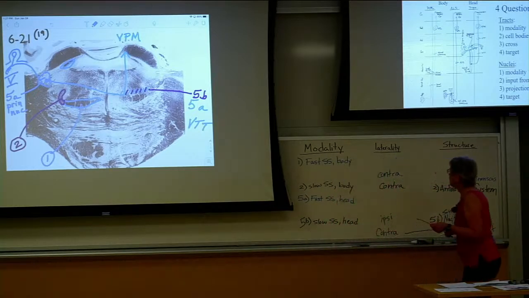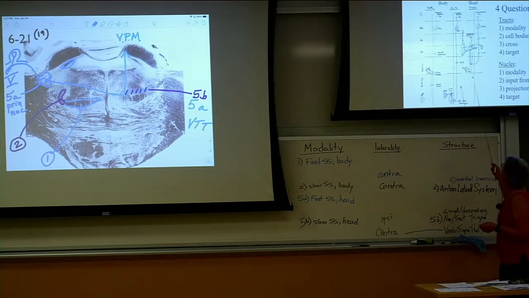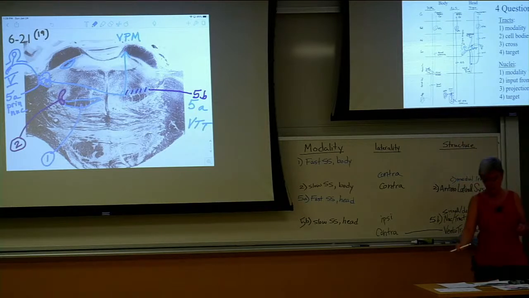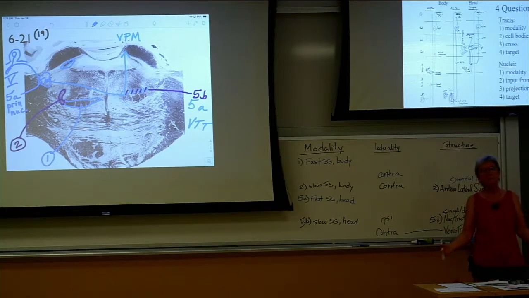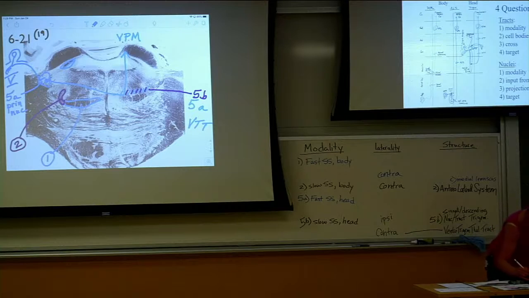However, for proprioceptive information coming from the head, those primary sensory afferents have their cell bodies in the mesencephalic nucleus of 5. And everybody always asks me, why? Who knows? But they do.